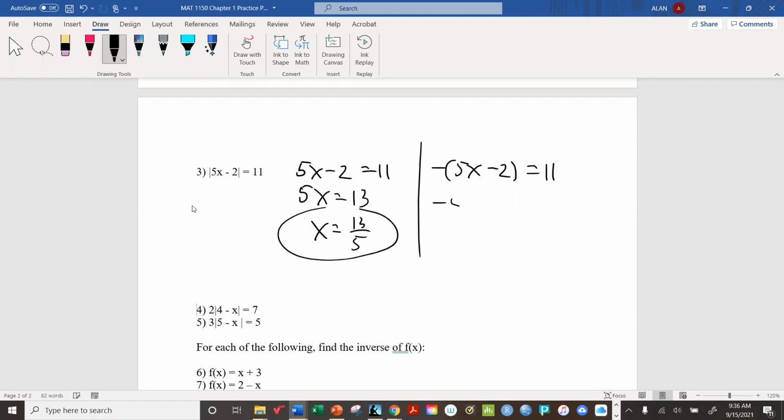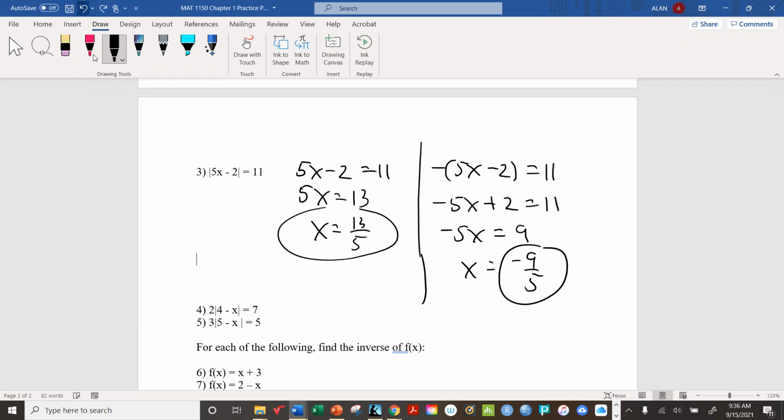All right, now here, remember to distribute that negative sign. If you do this part incorrectly, there's no way you're going to get the right answer. So subtract the 2 and divide out the -5 from both sides. Okay.